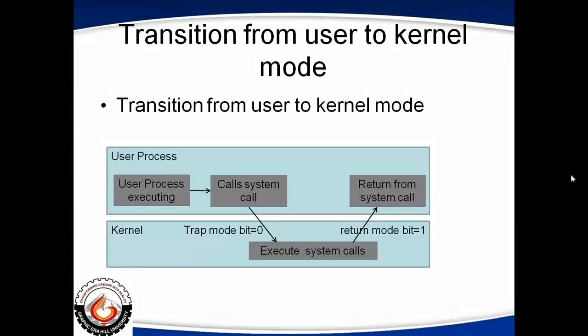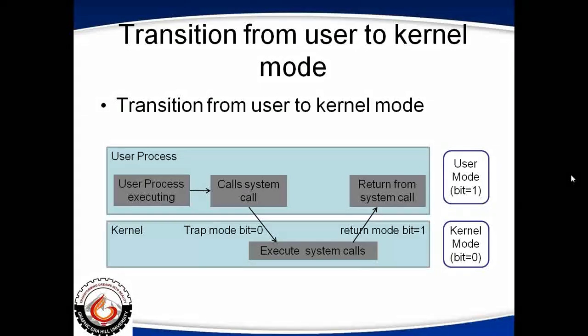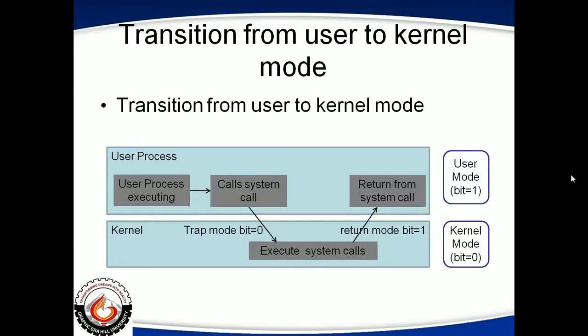This shows return from system calls, and this diagram completely shows how a request is performed by the operating system, or how a transition from user to kernel mode takes place. Generally, for user mode, bit 1 is used, and for kernel mode, bit 0 is used.